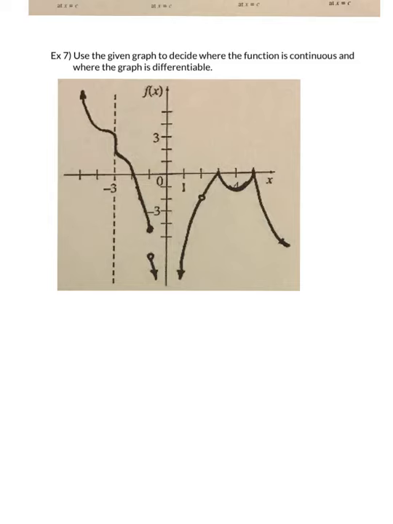So let's look at continuity first. Where is this thing continuous? Just be real systematic about it. Work from the left to the right, because you're starting from -infinity going left to right, the way we would read. This thing would go to the left forever. That's got an arrow on it. So we are coming from -infinity.